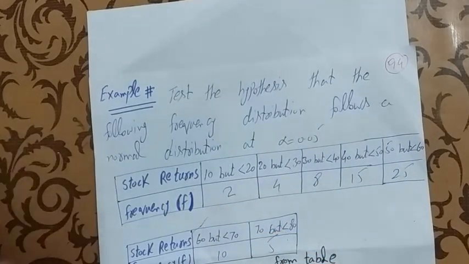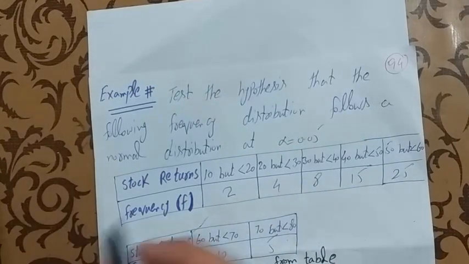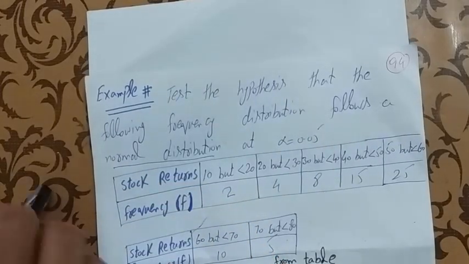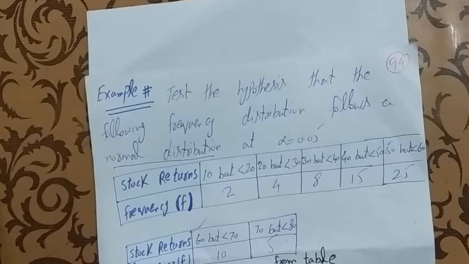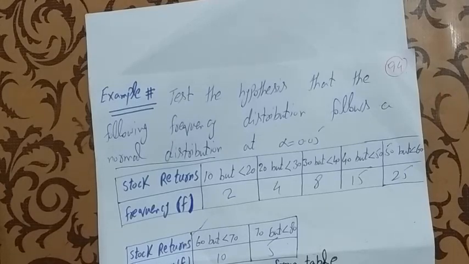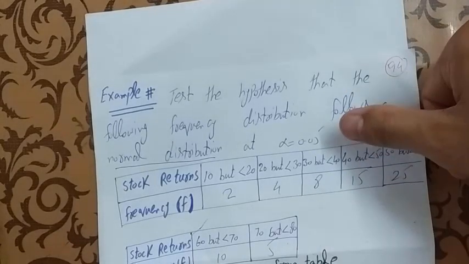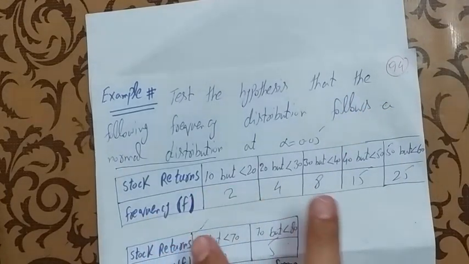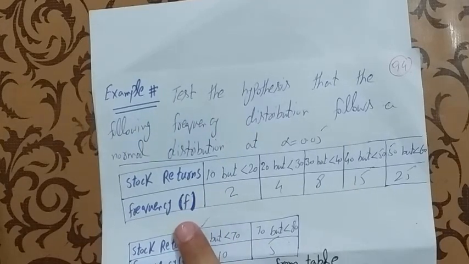Here the normal distribution is given, and you know very well what the parameters of the normal distribution are. There are two parameters: one is the mean and the second is the standard deviation, and we use alpha 0.05. The table is given with the stock returns and the frequency.